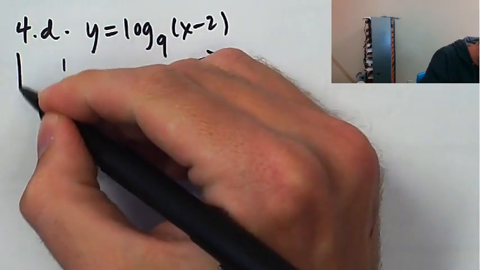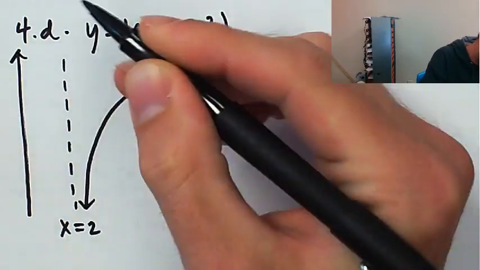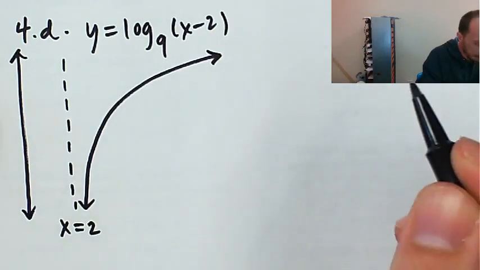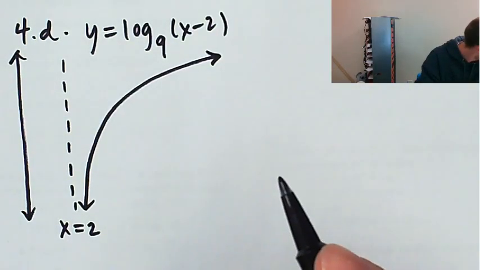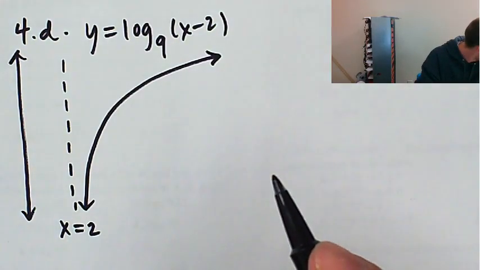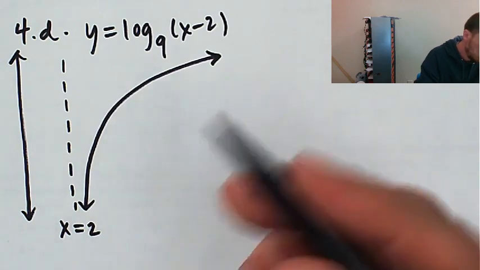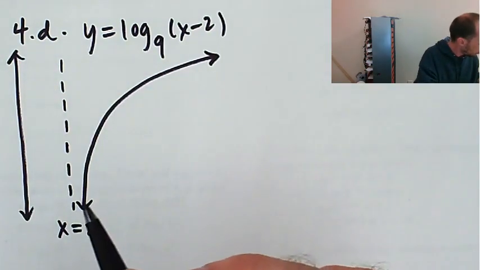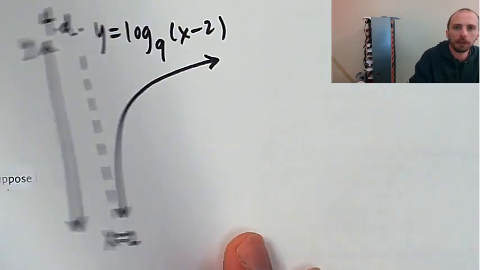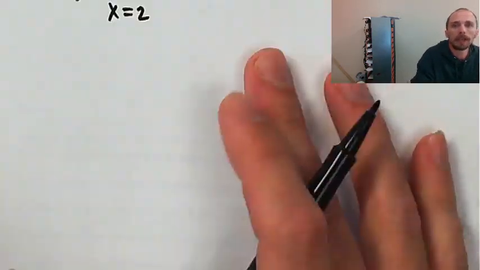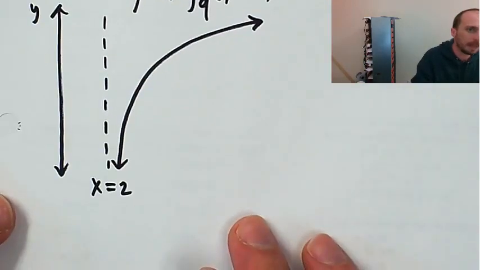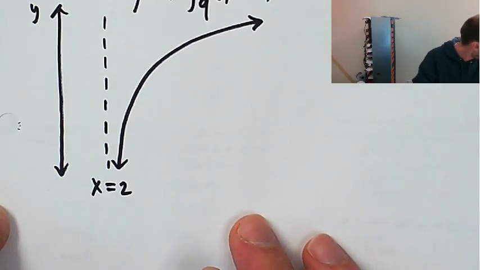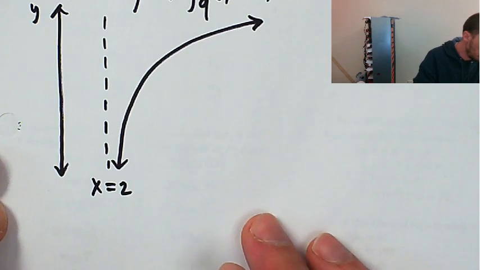x equals 0 is the y-axis, so I'm going to draw like that. And what was I thinking here? Log base 9 of x minus 2. I don't know. That's my y-axis. Oh, what I was wondering was, did we not look for an x and y intercept of this thing? No, we didn't. Okay. Well, let's see, did we actually solve for it? We did. f of 3 equals 0.